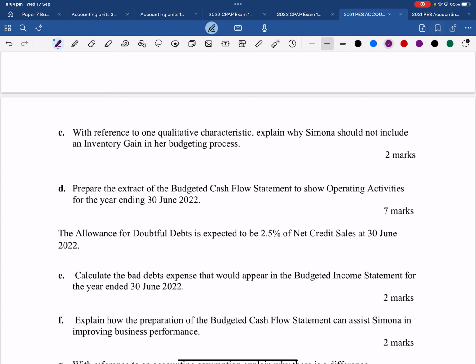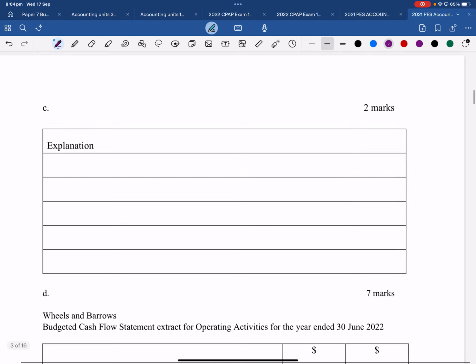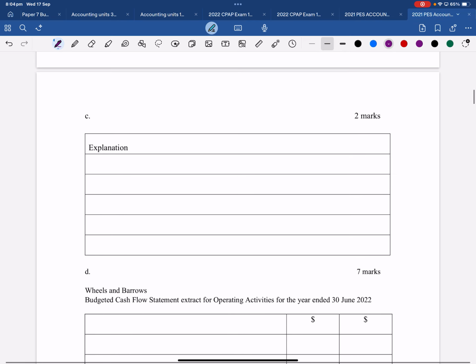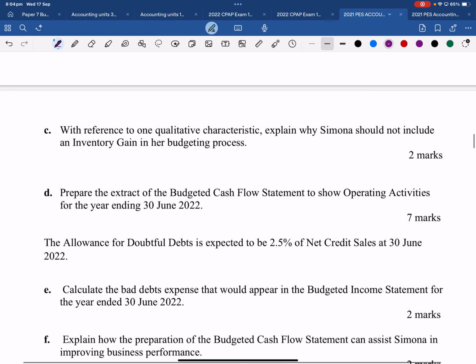That's a good question. I think we might have done a question like that. I have a slight memory. Okay, why do you think, guys, we shouldn't include the inventory gain in her budgeting process? Referring to a characteristic. What is the characteristic that supports us in budgeting?